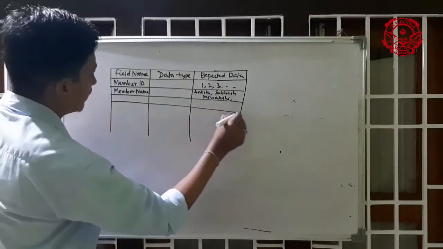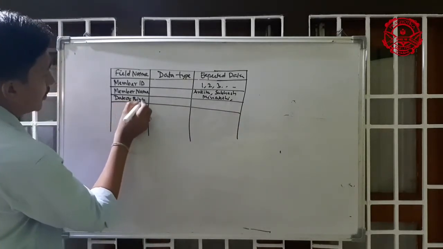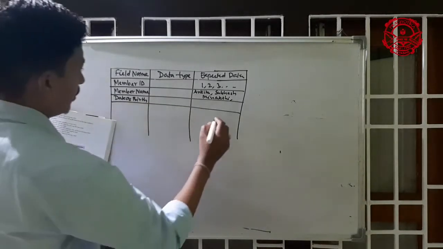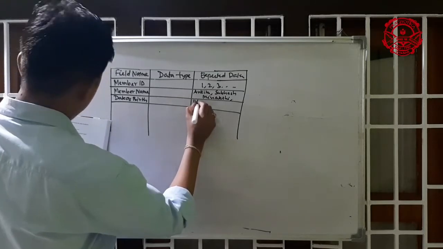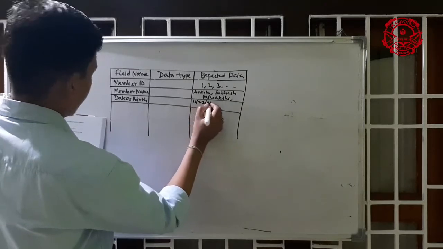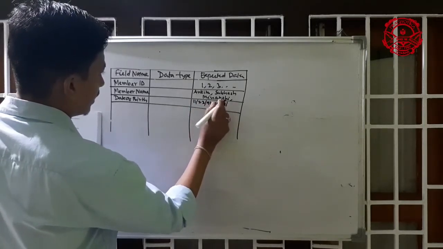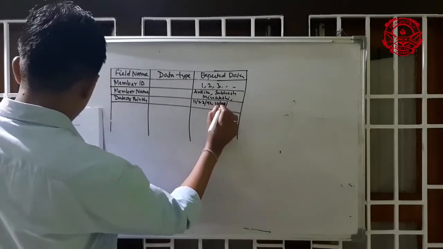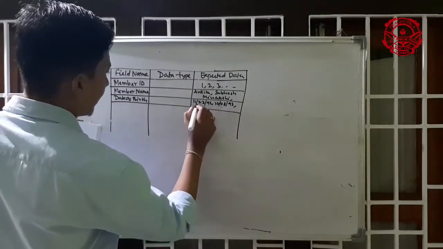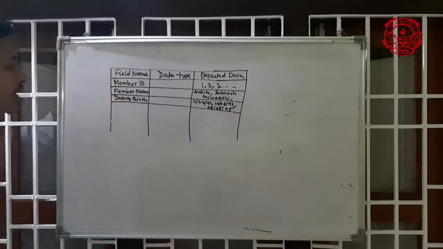Okay. Next one is date of birth. And the expected is 11/23/92, 10/8/93 and 8/8/95. Okay.